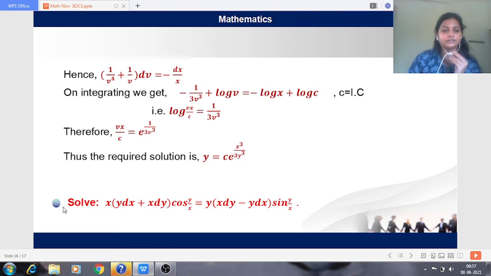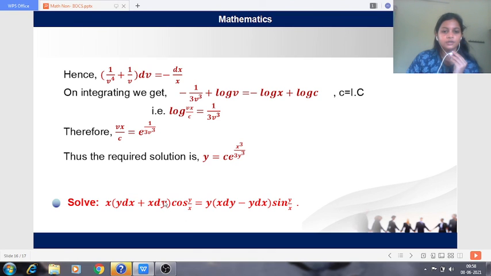Now come to the second problem. Solve x y dx, x into (y dx plus x dy) cos(y/x) equals x dy minus y dx into sin(y/x). Here, at first in this equation, multiply this term by x and this term by y.